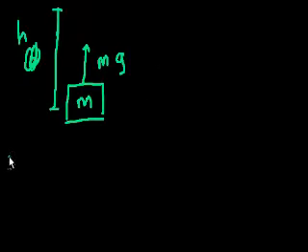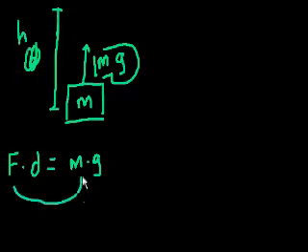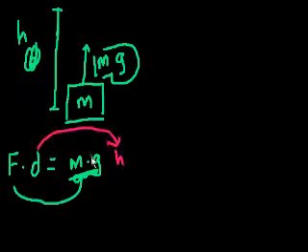So the force times the distance: the force is mass times the acceleration of gravity, and remember, I'm pushing with the acceleration of gravity upwards, while gravity is pulling downwards. So the force is mass times g, and I'm applying that for a distance of h. This is the force, and the distance I'm applying is going to be h.